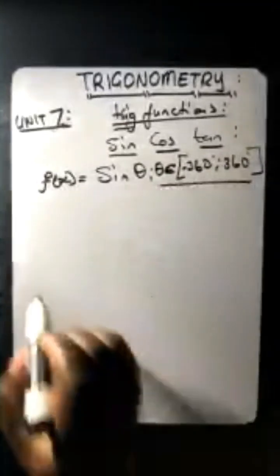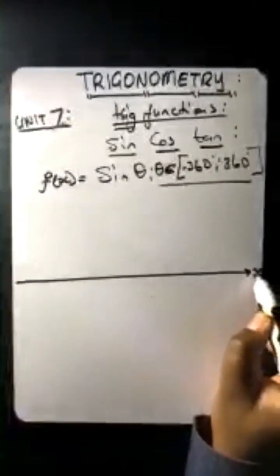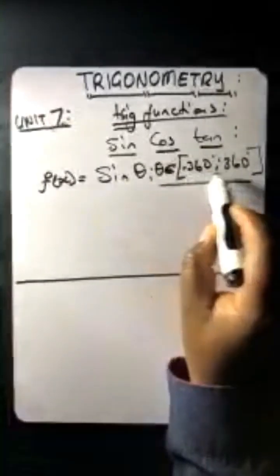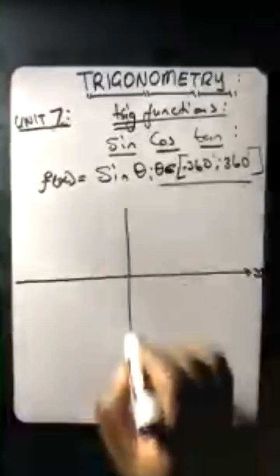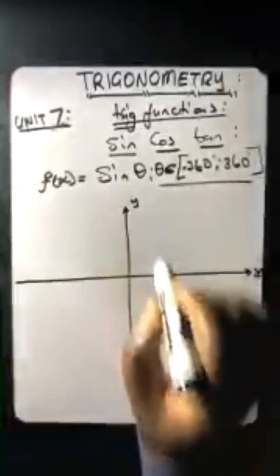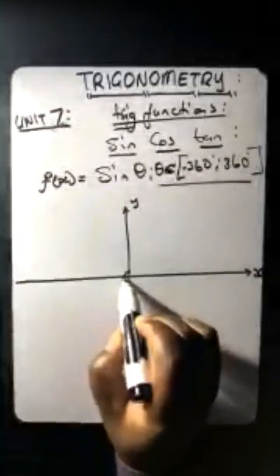They're simply saying your angle, which is going to be along the x-axis, has to start from the negative side up until the positive side, negative 360 to there. But we also have that y-axis. So obviously you know this is 0.